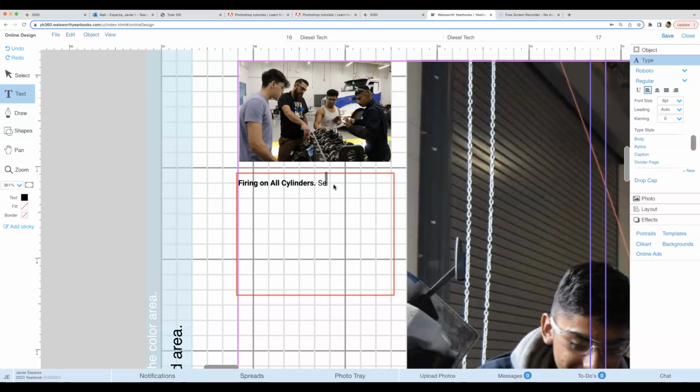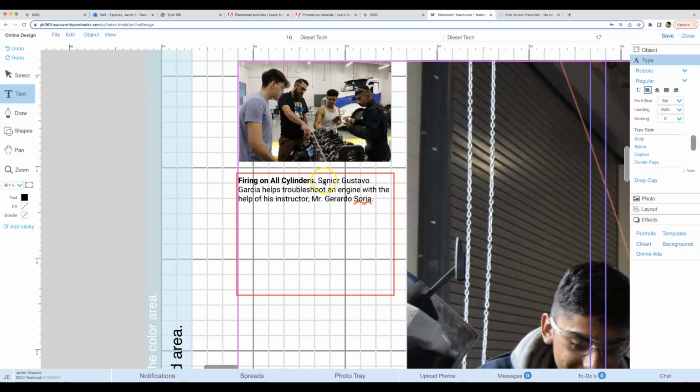So I'm going to say senior, Gustavo Garcia, helps troubleshoot an engine with the help of his instructor, Mr. Gerardo Soria.